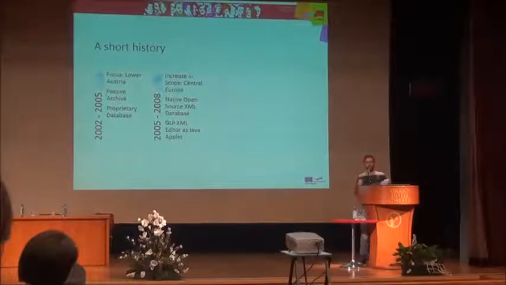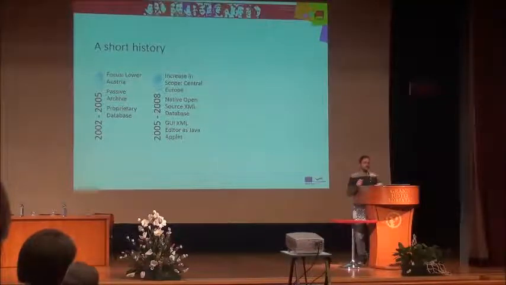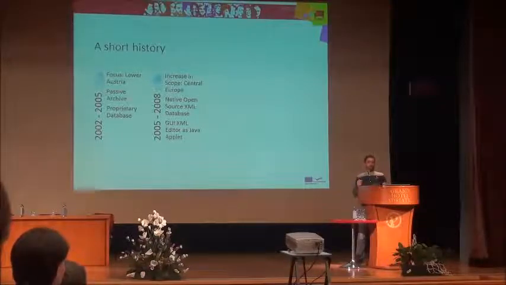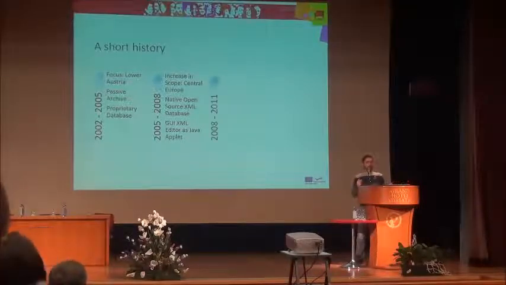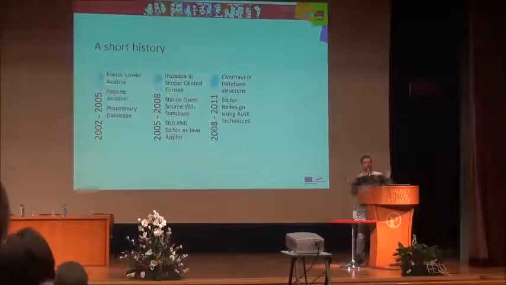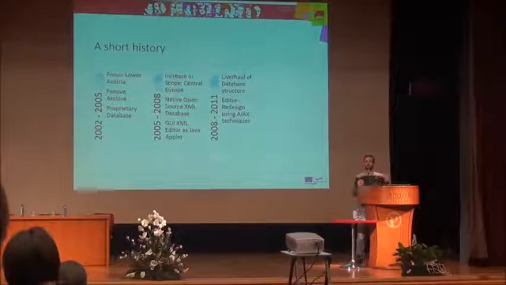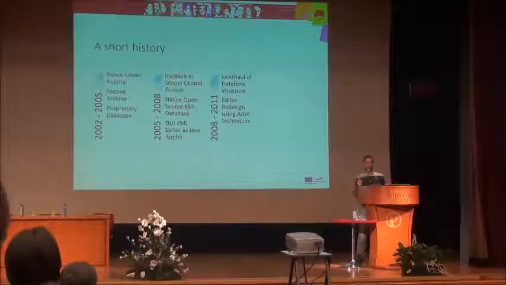So we thought of a way to spread the work out and to make public contribution to this possible, and we decided to create an online editor. So we had a first step of this online editor, then we scrapped it because it was starting to get old and bothersome. Maybe some of you know it still. It was a Java applet that you had loaded in the browser, and most of the time it didn't work.